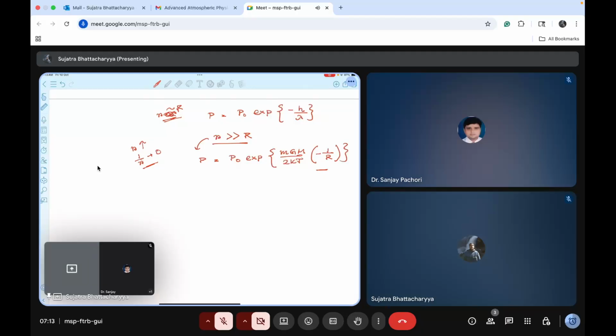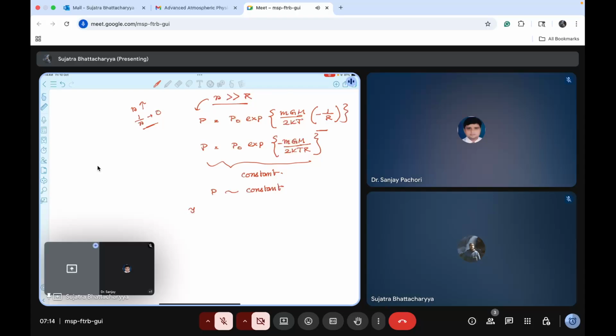What can you say from this expression? P naught exponential of minus mg capital M divided by 2kT. Look, this expression is constant. So pressure at larger distance is becoming constant.